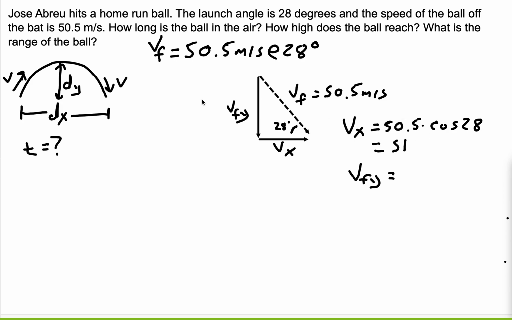Oh, yeah, it can't be 51. It's 44.6. Okay, there you go. So Vx is 44.6, and then VFY is the opposite side, so we'll use sine. That'll be 50.5 times the sine of 28.